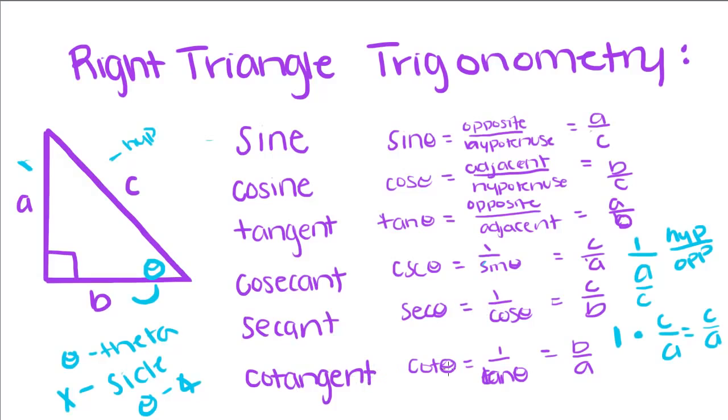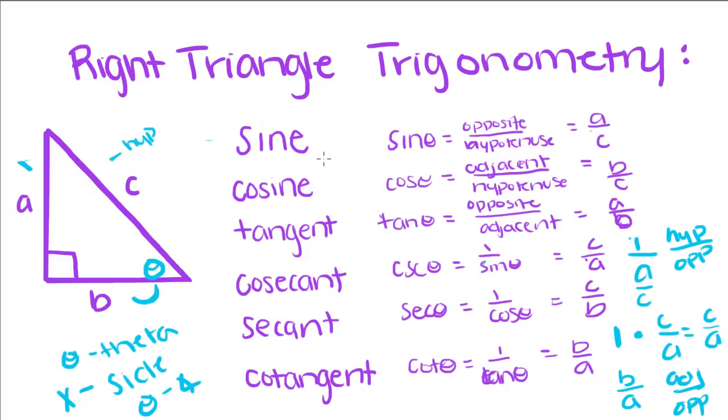For cotangent, it's just the same as 1 over tangent. Tangent is A over B. So the same rule applies where we just flip them and this becomes B over A, which is the same thing as adjacent over opposite.